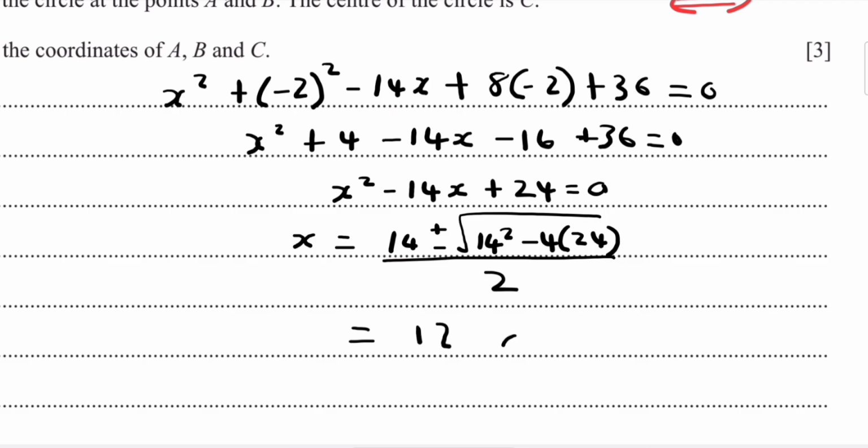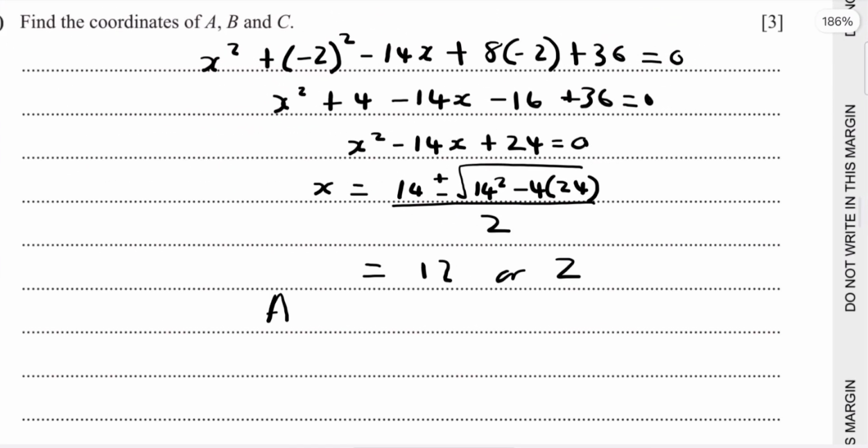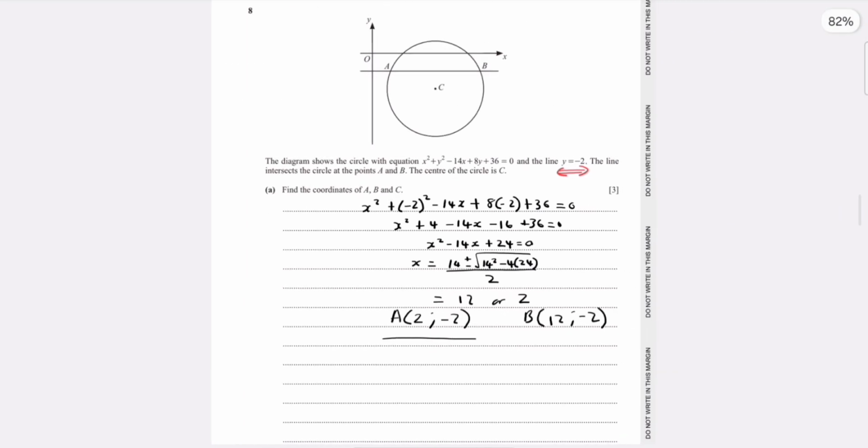First one is 12 and the second one is 2. Right, so looking at our coordinates, A is (2, minus 2) and B is (12, minus 2), like that.